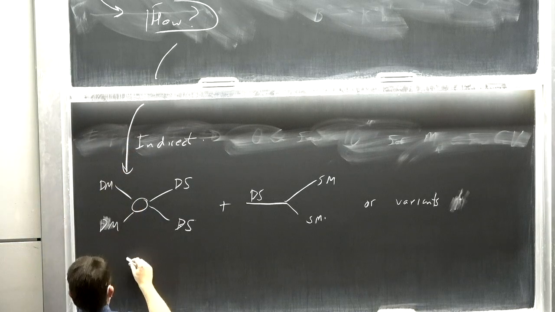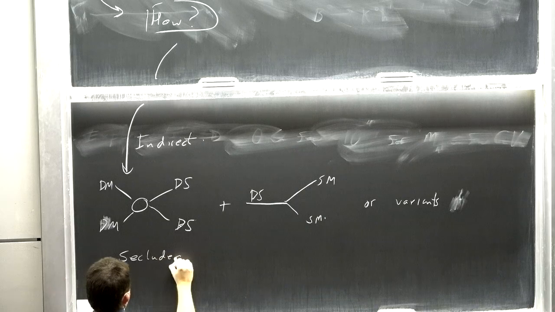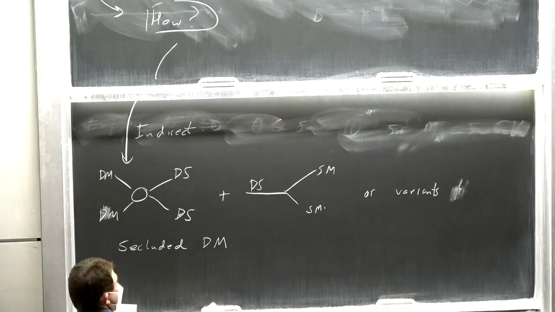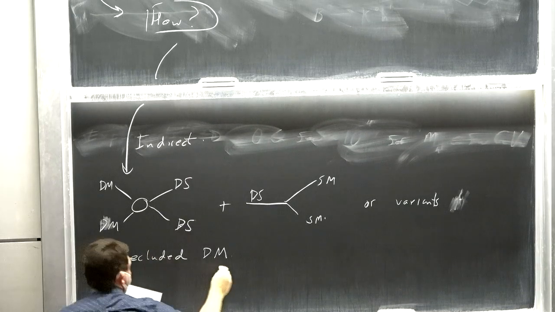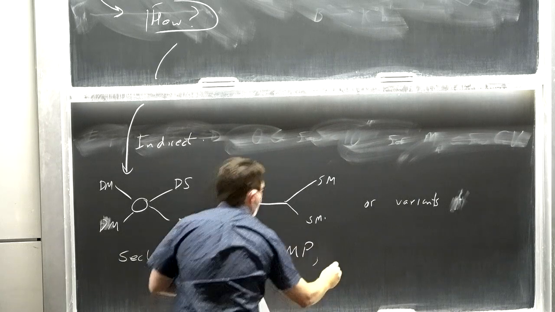So secluded dark matter falls into this category. When I say secluded dark matter, that's a term that you'll often see in the literature that refers to a broad class of scenarios like this. I think SIMPs have been discussed, possibly ELDERs.